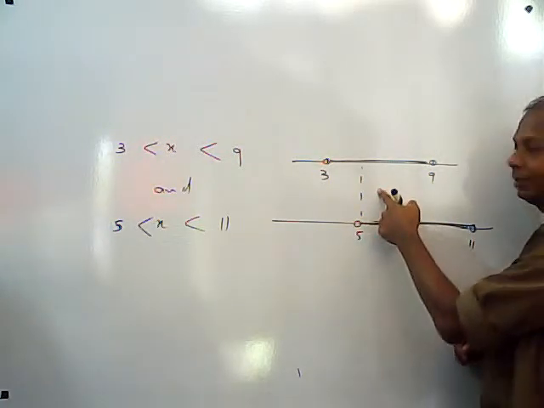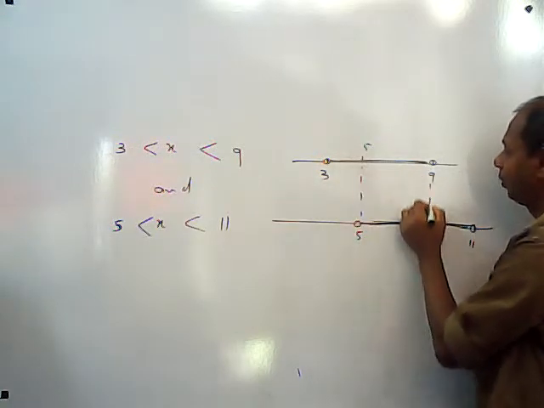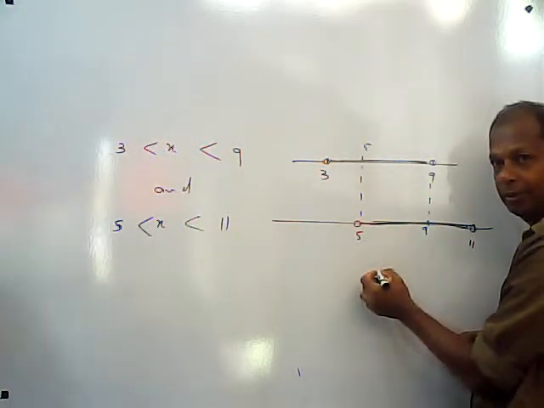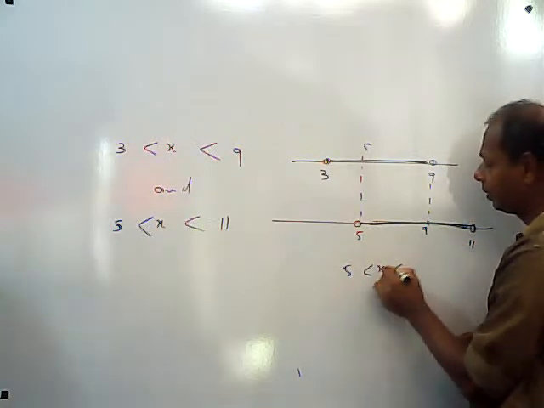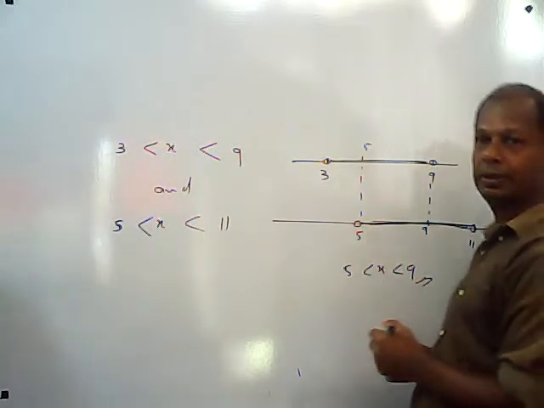So the common set is from 5 to 9. x is greater than 5 and less than 9. I did something like that before, didn't I? Do you understand?